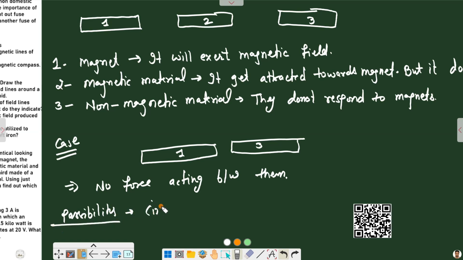Possibility number one, both are non-magnetic, meaning both are normal material, so they will not exert any force.